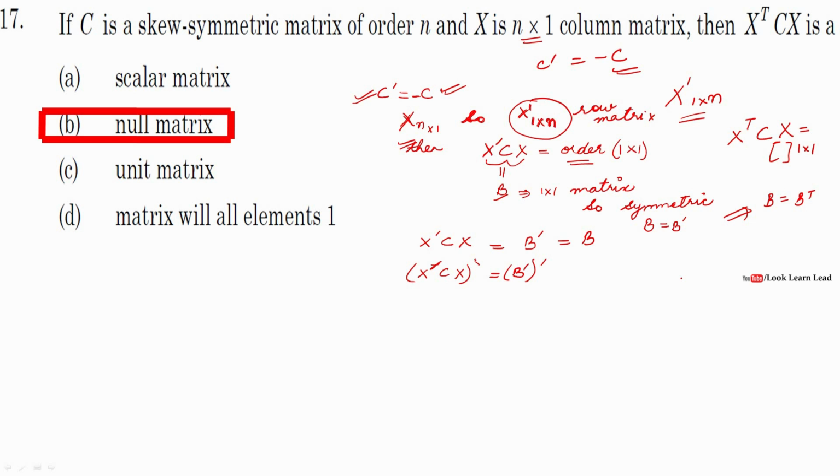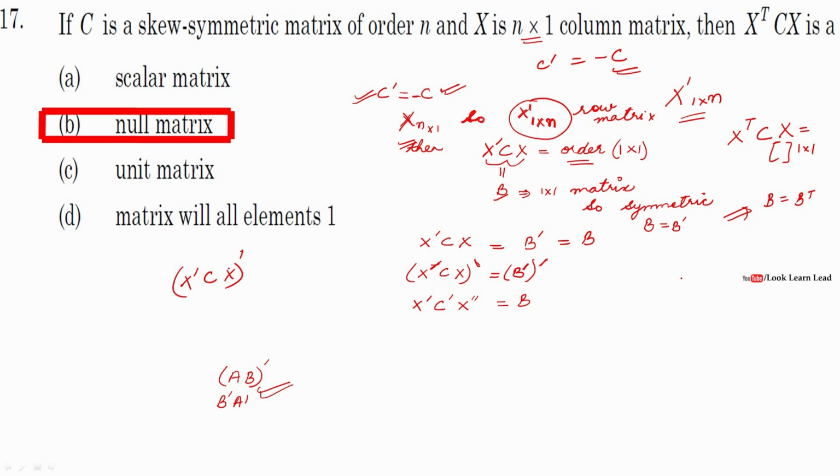Now we would be transposing both sides. If (AB) transpose is equal to B transpose A transpose, I have written it as X transpose C X whole transpose.